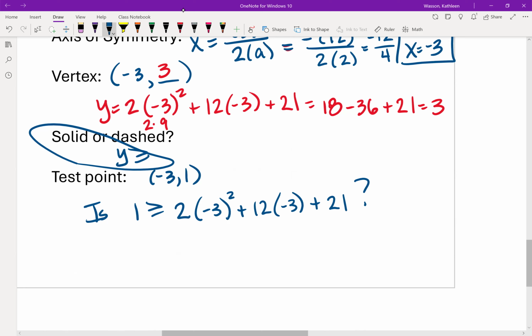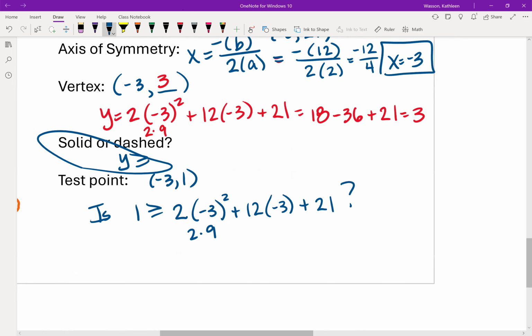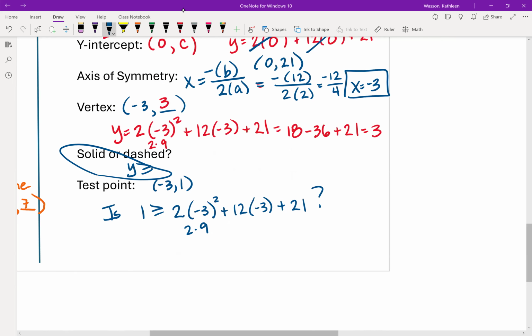Well, left side is really, there's nothing to do over there, but we can simplify the right. -3 times -3 is 9, so I got 2 times 9, and then, oh, we already solved this. We already calculated the right side because we used x is -3 up here. We got 3.